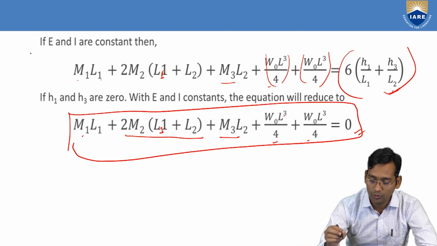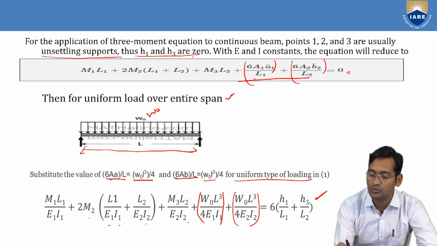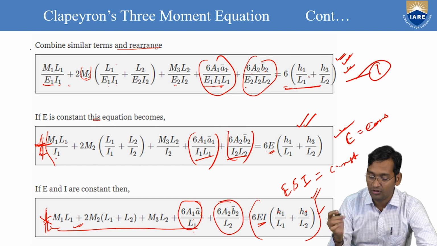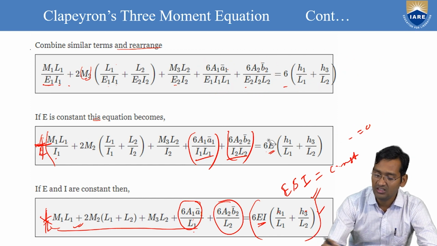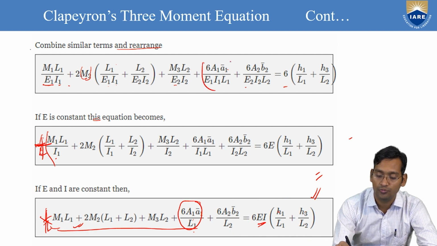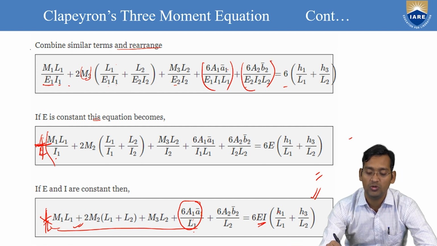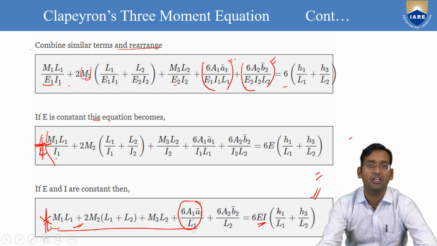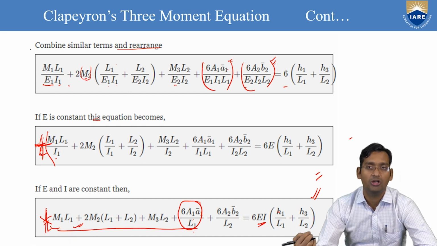Means what we have to do, we have to just change these values depending upon which type of load is there. Even if I1 is not constant, just change these values; everything else remains the same. In the previous video also we discussed the values according to how the load is acting.